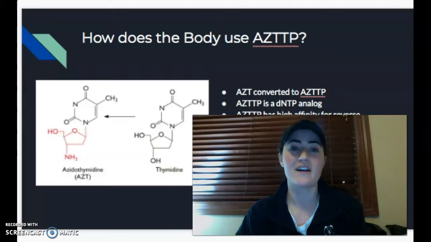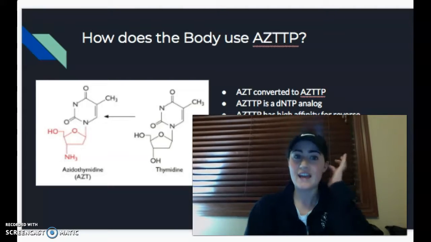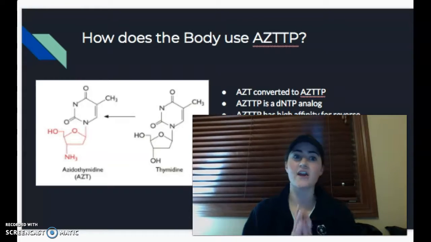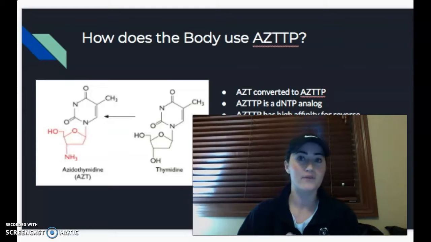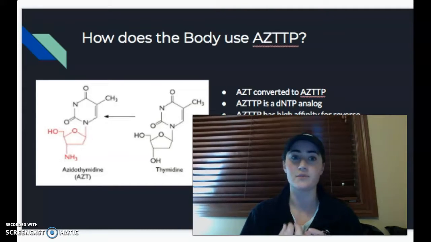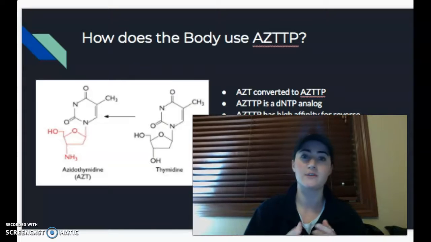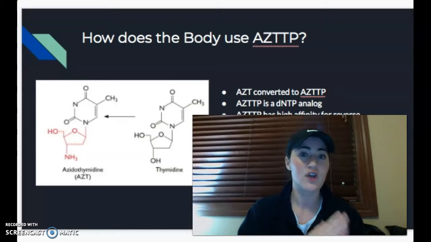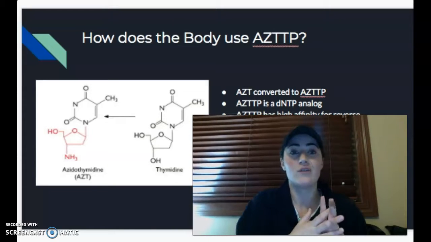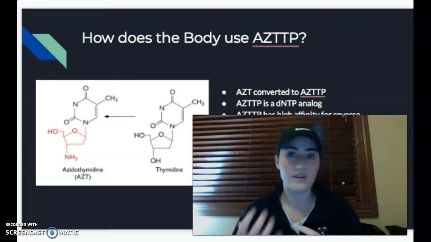Another thing that is really important to note is that AZTTP has a very high affinity for reverse transcriptase. That's really important to remember, because structurally it's really similar to what's called thymidine triphosphate, which is a normal structural component of DNA.